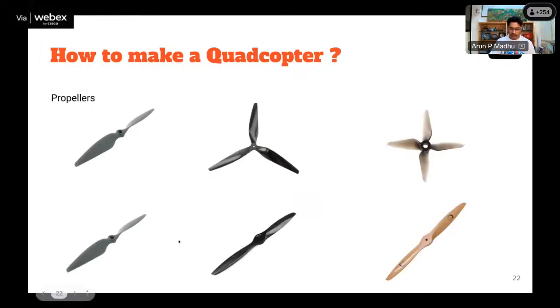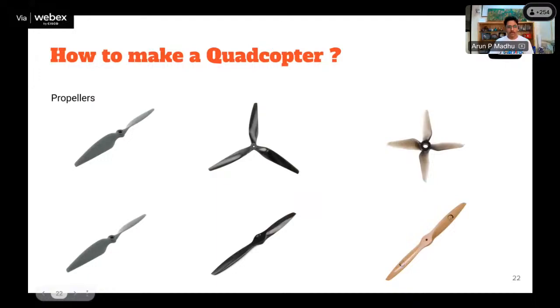And these are the different types of material. This is a plastic propeller. No, sorry, this is a carbon fiber propeller. This is a plastic propeller, and this is a wooden propeller. You can use any of these, but the most durable is a carbon fiber propeller. And then you have plastic propellers also.